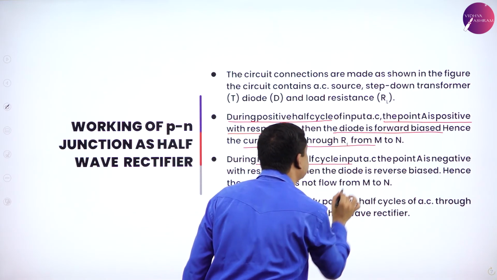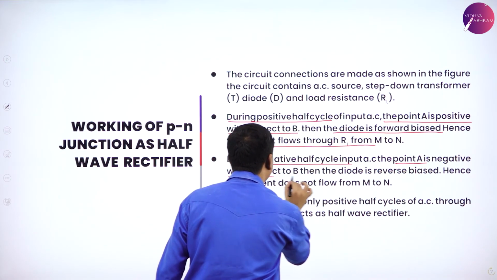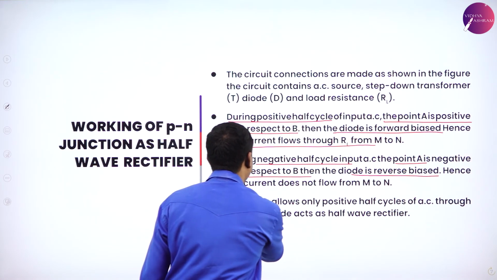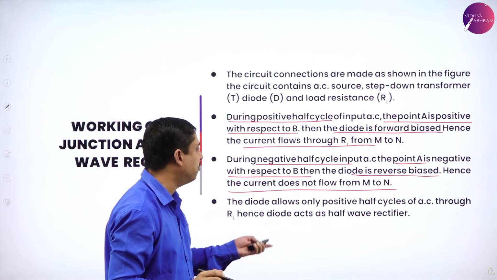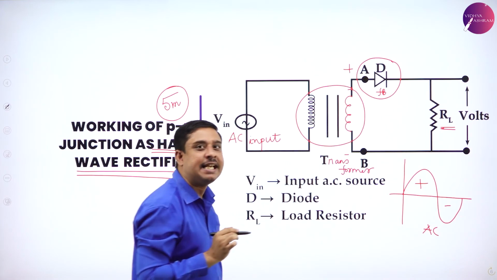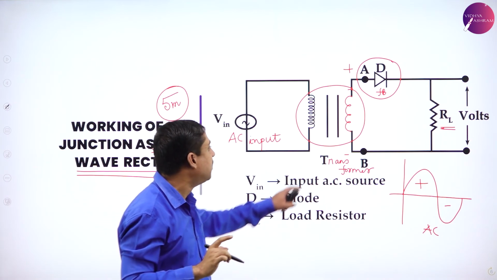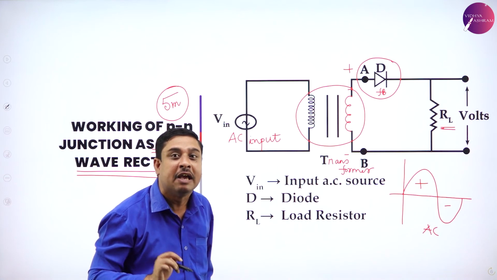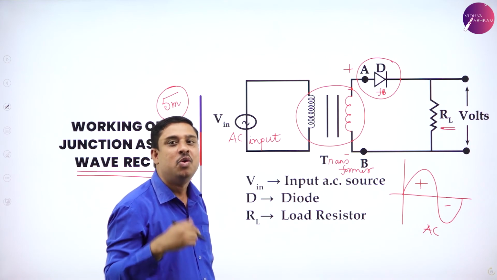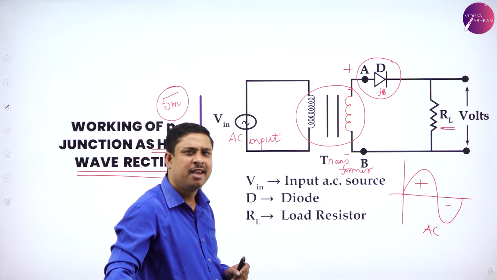But during the negative half cycle, the point A is negative with respect to B. The diode is reverse biased and no current flows from M to N. Which means when the negative half cycle is reaching the transformer, A becomes negative, B becomes positive, so now the diode is reverse biased, no conduction is happening, no output is measured. See, very beautiful.